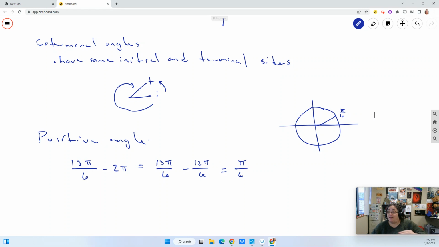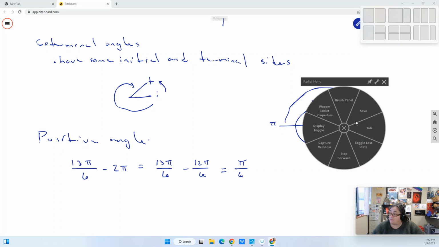If I have 0 to pi and I divide that by 6, each piece is the length of pi over 6, 1/6 of pi, because all the way from here to here equals pi. So I know that this would equal 1/6 of pi.